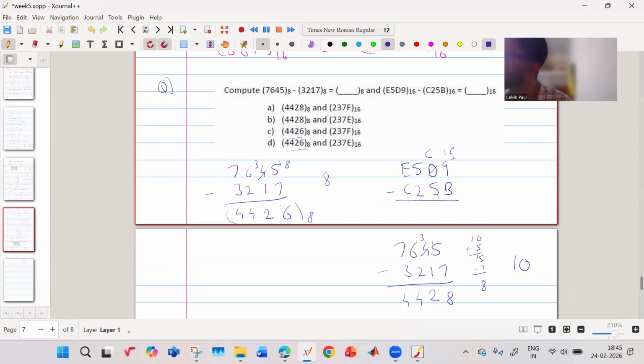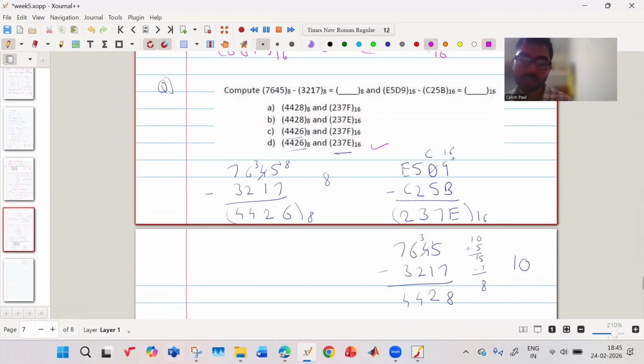So 16 plus 9 is 25. 25 minus 11 is 14. 14 is your E. C minus 5 means you count down B, A, 9, 8, 7. So it is your 7. 5 minus 2 is 3. E minus C is 2. So 2, 3, 7, E. So it becomes 237E in base 16. So this is your answer.